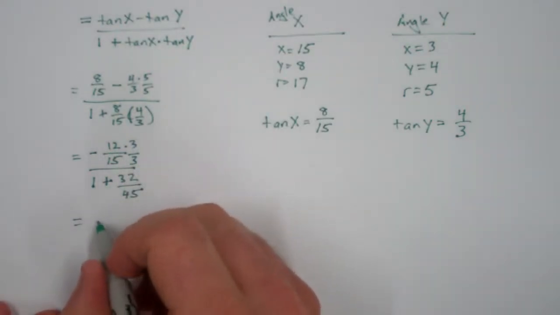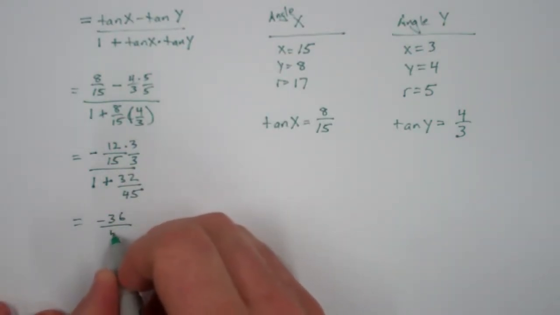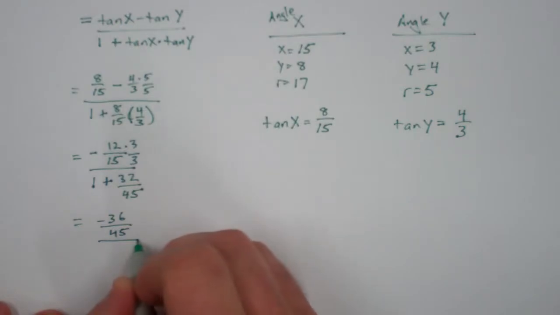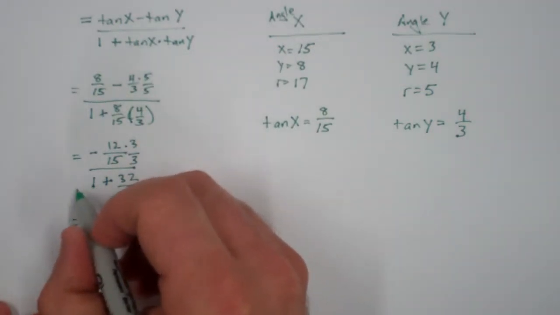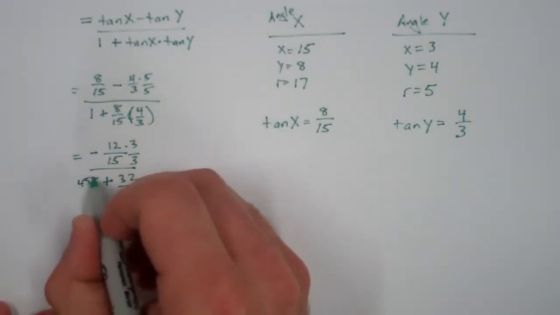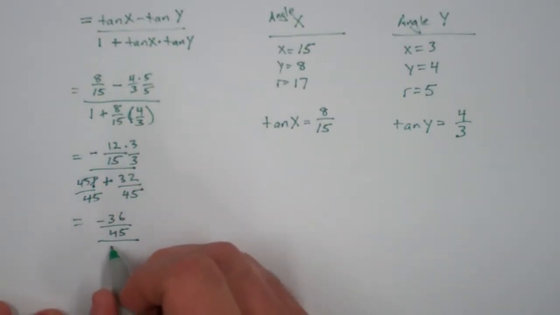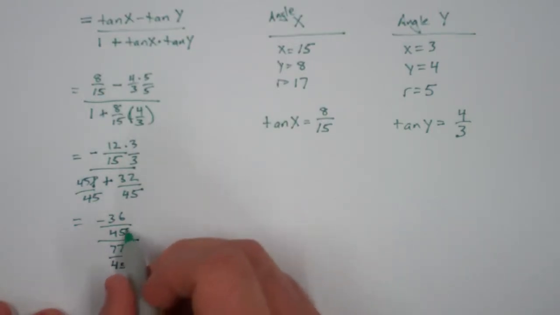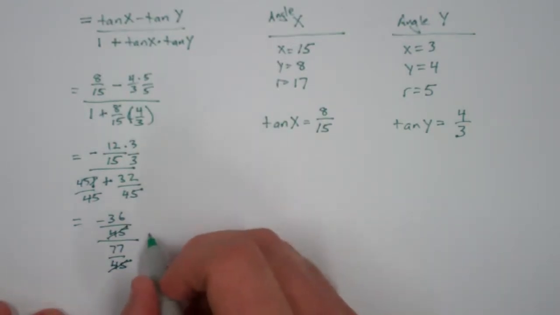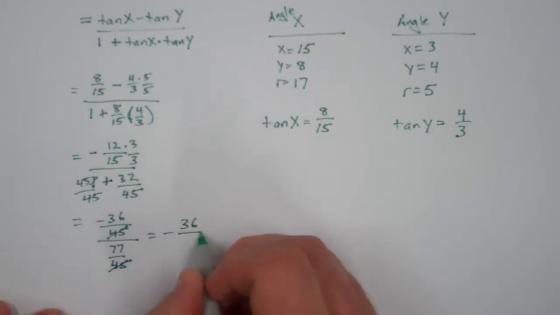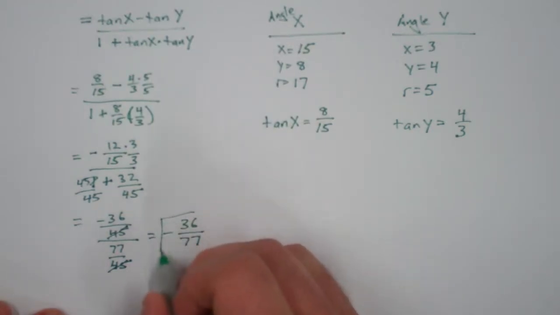And so this one's going to be negative 36 over 45 over, and then I'm going to need a common denominator here. So I'm going to make that 1 a 45 over 45, and this should be 77 over 45. Remember, when we multiply by the reciprocal, these 45s will cancel, and we'll be left with negative 36 over 77.